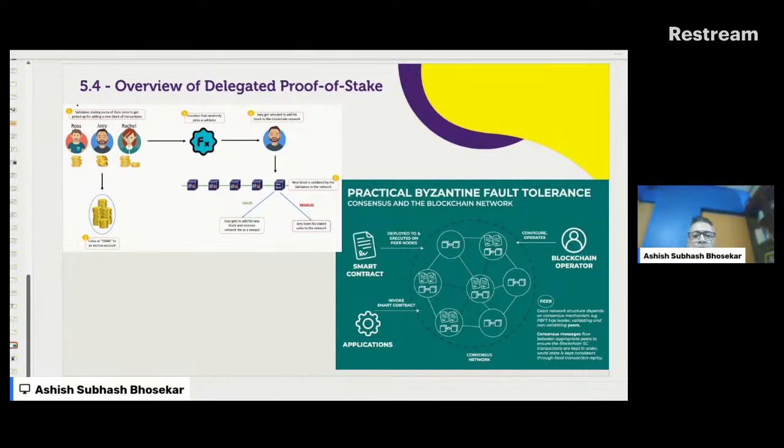I introduced you to BFT, that is Byzantine Fault Tolerance, and discussed specific algorithms like DPoS, delegated proof of stake, and then PBFT, that is practical Byzantine fault tolerance. We also touched upon consensus mechanisms like PoA and PoH, and consensus mechanisms are very vital for maintaining integrity and trustworthiness in blockchain.